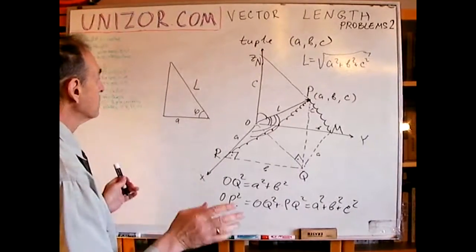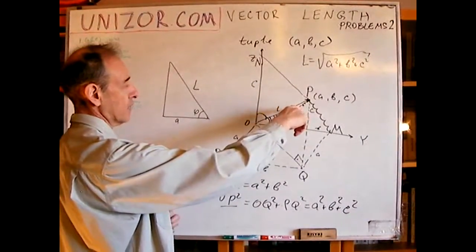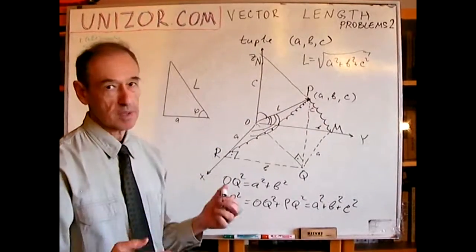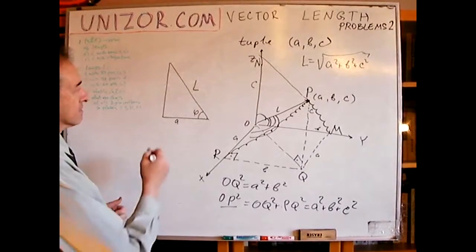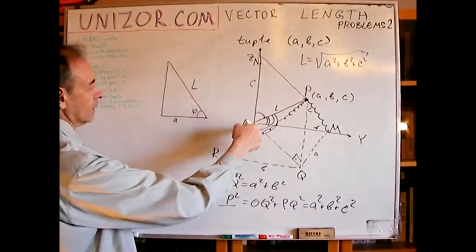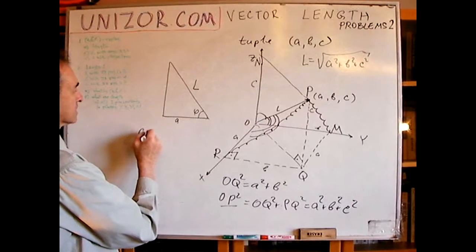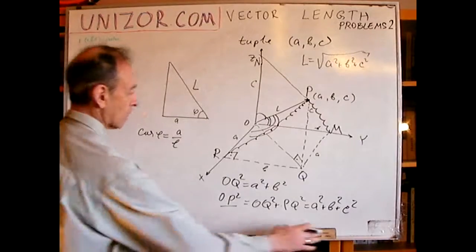Well, assuming that this particular point has positive coordinates A, B, and C, just for simplicity, we can say that these angles are all acute, and cosine of phi is equal to A over L, capital L.